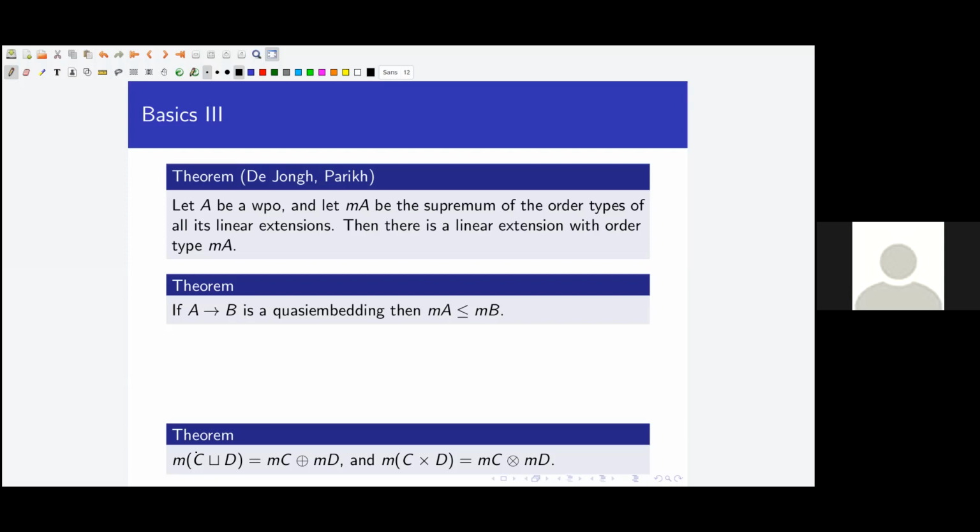Another thing that's similar to the previous slide is that these two constructors respect not only the fact that it's a well-partial ordering, but in fact the maximal order type as well. Now, I don't know if these symbols are familiar to you, so I'll just say that plus and times with the circle are the so-called natural sum and product.